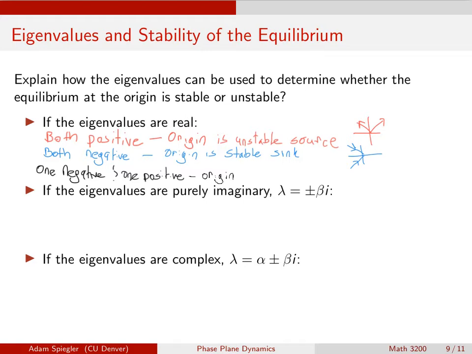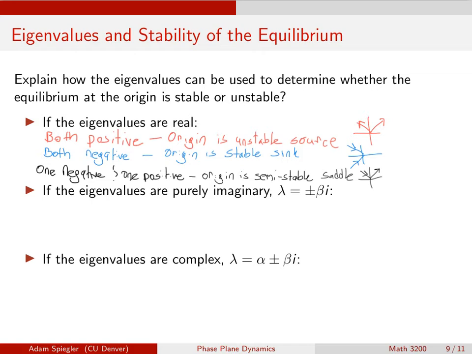So we would say that the origin is semi-stable. Saddle point. So there might be some directions that head out, and there's going to be some that go straight in.